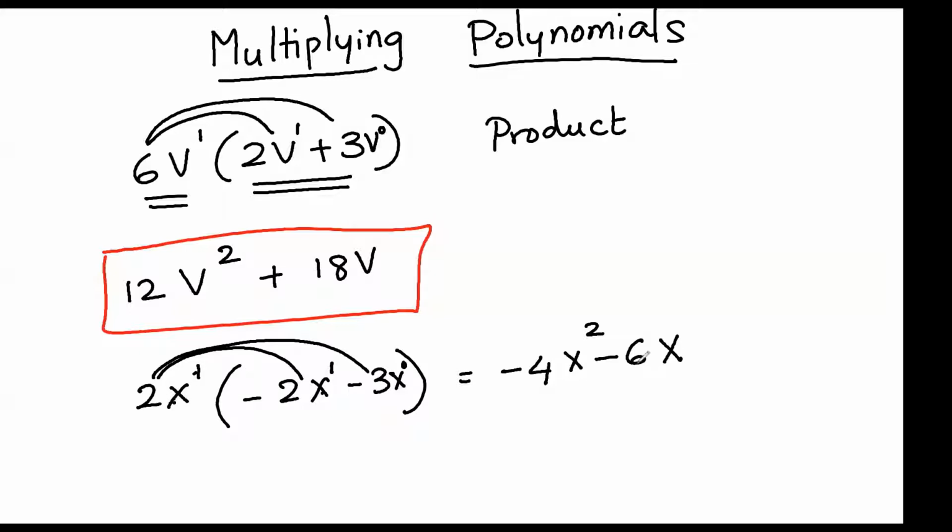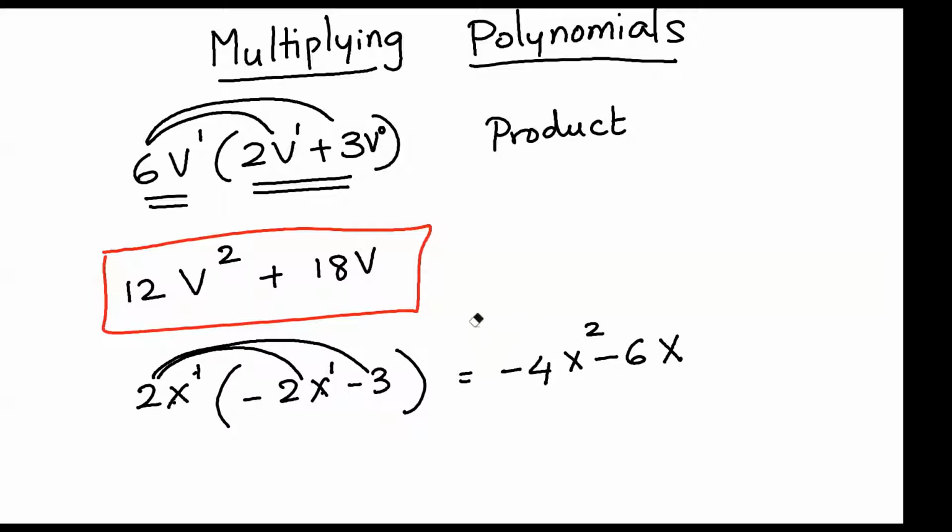So 2x times negative 3 is negative 6x. If you think putting x to the power of 0 is confusing, you can just remove this, and it is simply going to be 2 times negative 3 is negative 6, and you put the x, so that's going to be negative 6x.